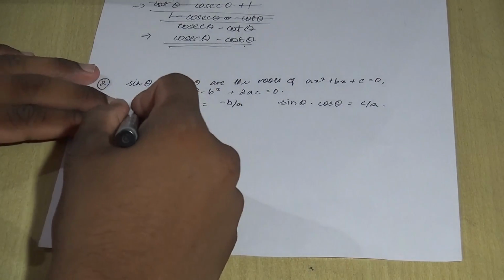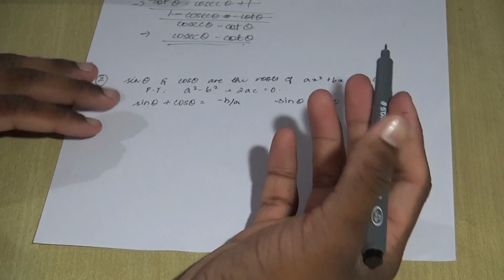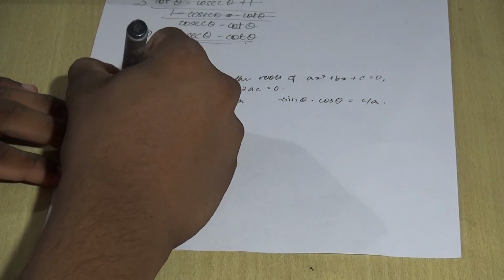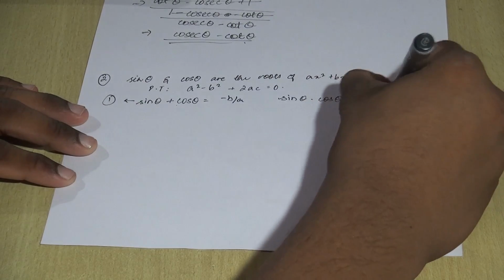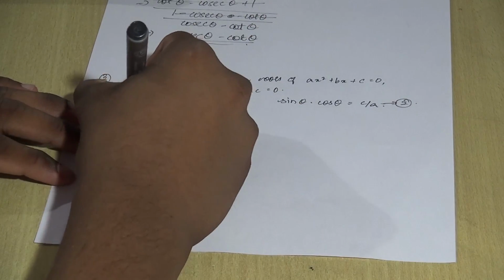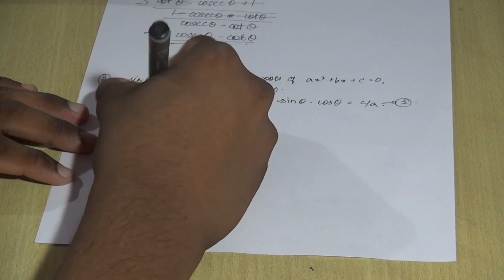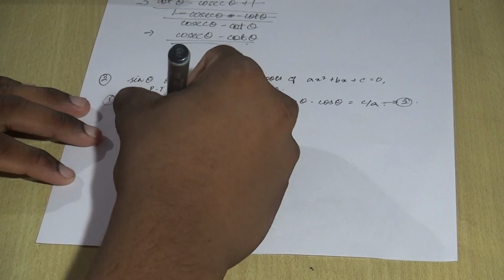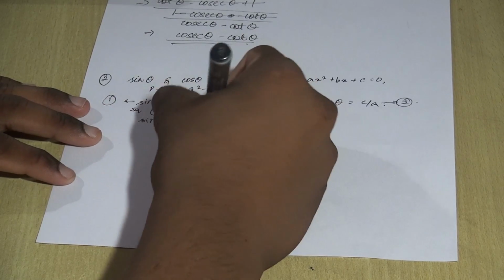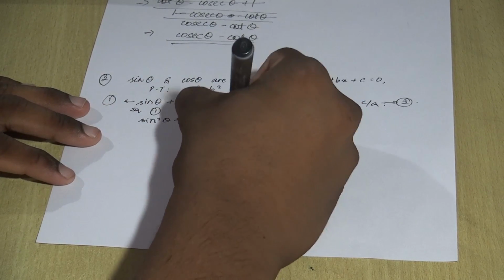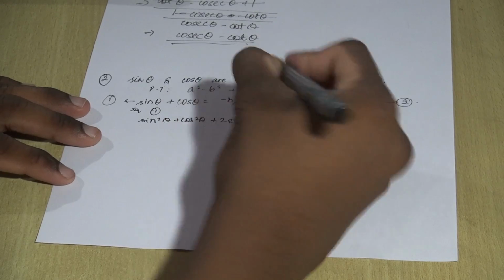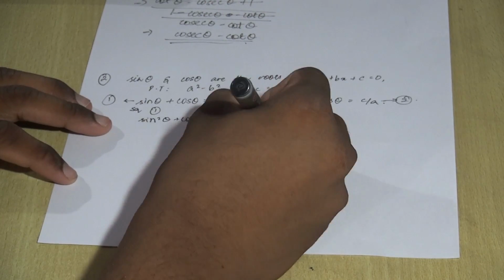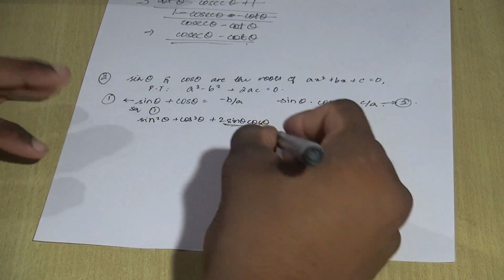Now since there's an identity related to sin theta plus cos theta, which is sin square theta plus cos square theta is equal to 1, let us square the first equation. This is the first one, this is the second one. Squaring 1, we get sin square theta plus cos square theta plus 2 sin theta cos theta. Since this is the (a + b) whole square formula, many people just miss out this sin theta cos theta, so be careful about that.